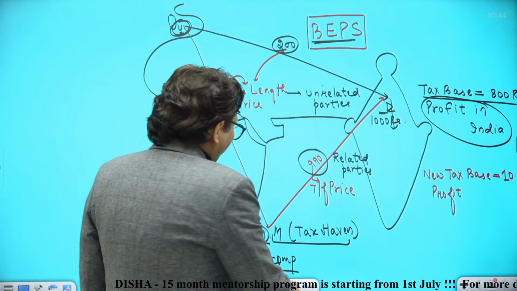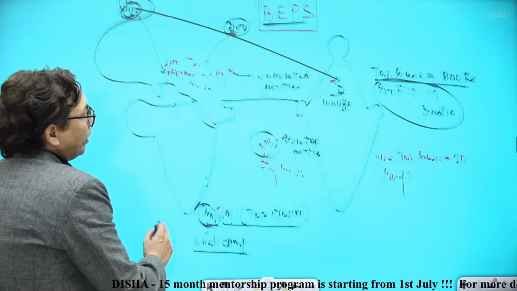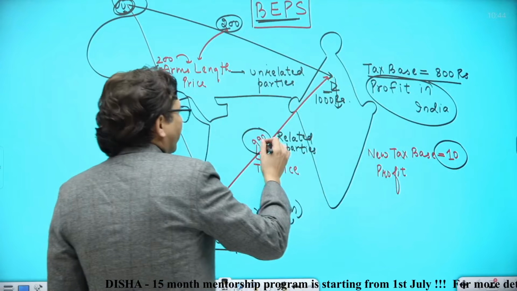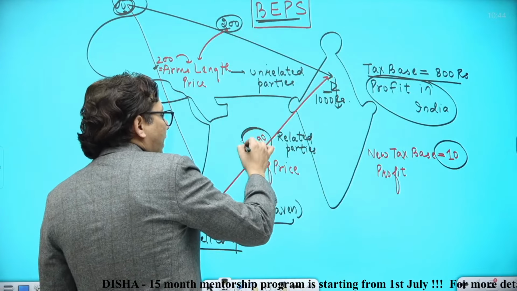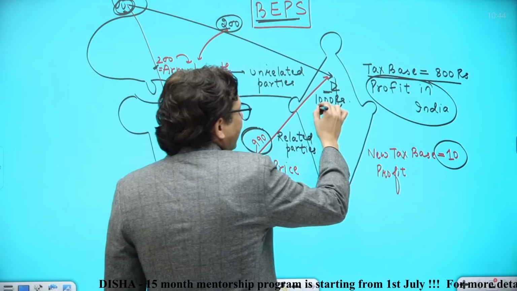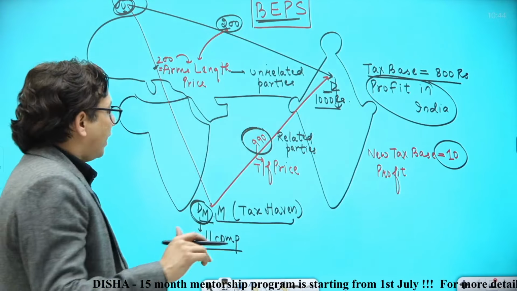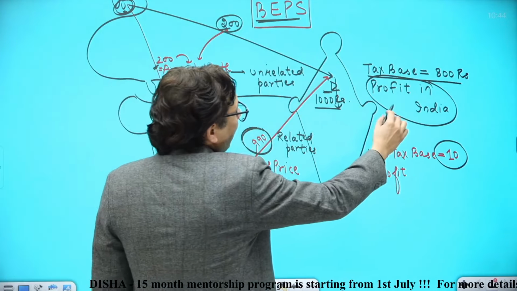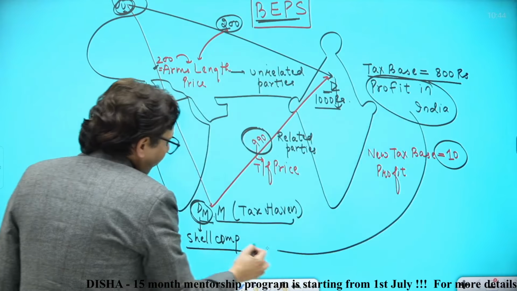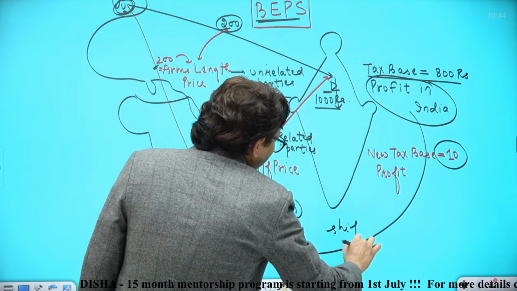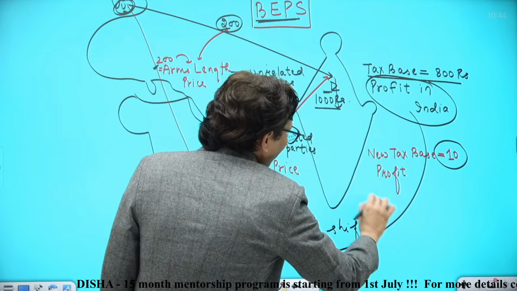So now what is the new tax base for India? The new tax base for Indian authorities is just 10 rupees, because the company is importing at 990 and selling at 1000 rupees. And don't you think the profit which was happening in India has now shifted to Mauritius, right?